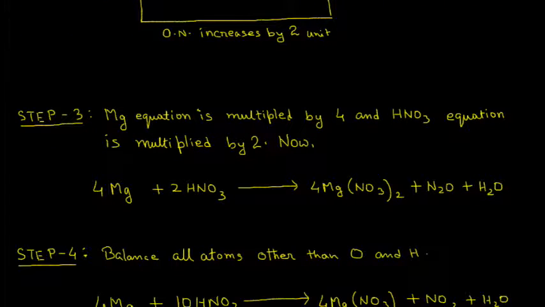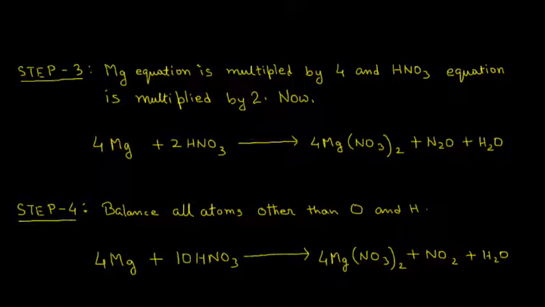Now step 4. In step 4, we balance all the atoms other than oxygen and hydrogen. Here we have balanced nitrogen and magnesium, and the other elements except hydrogen and oxygen are not balanced, which we balance in step 5.